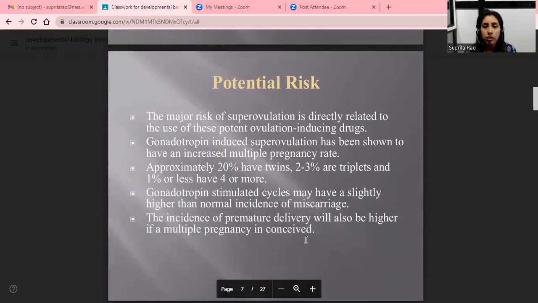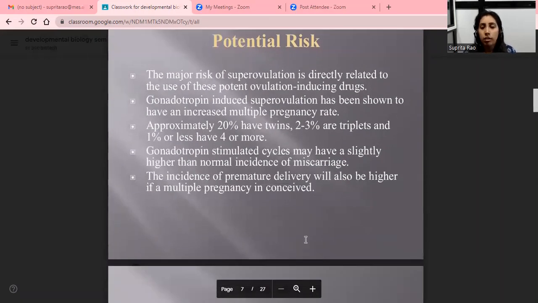Now, the risk is that this method is known to increase the rate of multiple pregnancies. It does give good results, but the incidence of having twins is 20 times higher. The incidence of having triplets is 2 to 3 times higher, and more than that, quadruplets is 1% or more.